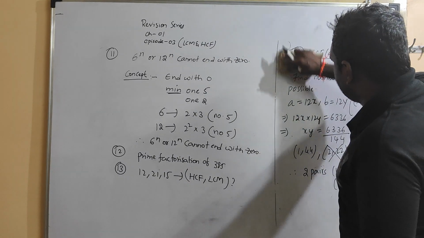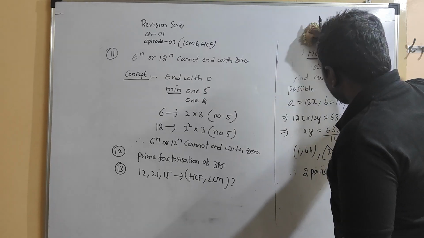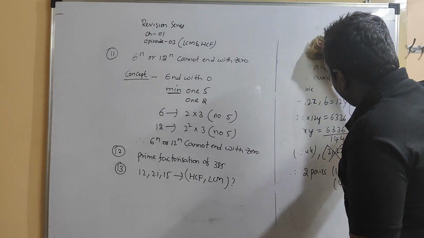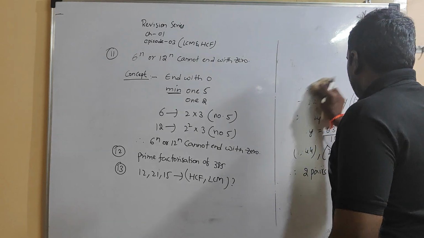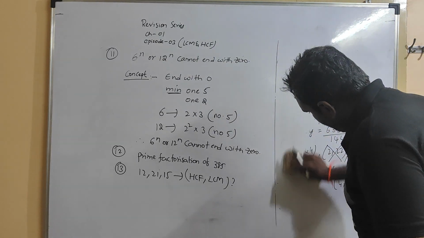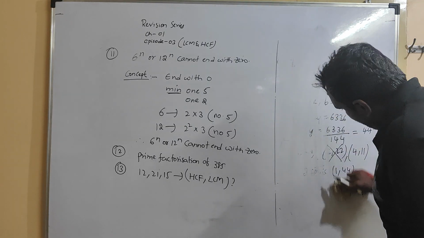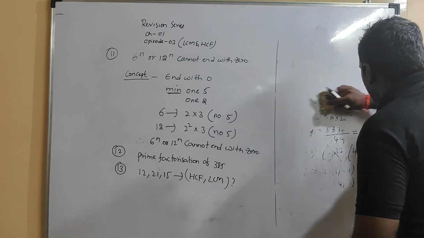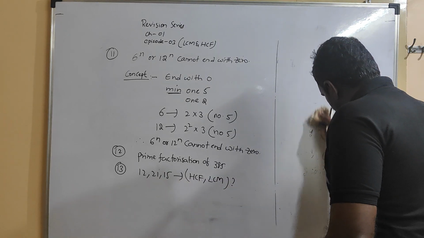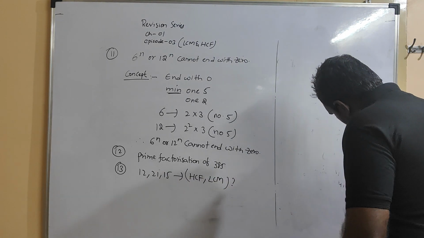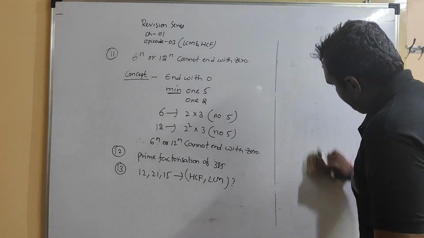Finding HCF and LCM of two numbers you are comfortable with, right? For three numbers, I will tell you a little fast. For three numbers, LCM will be easy, that you will do by the cake cutting method. How to do HCF, that I will tell you.